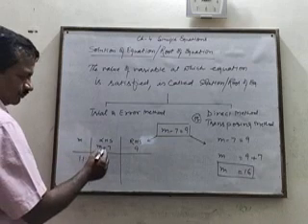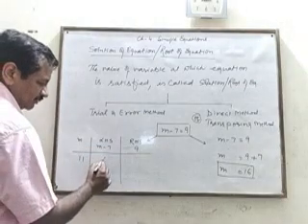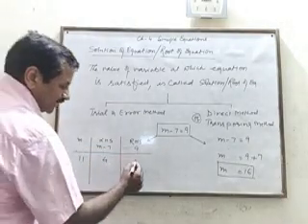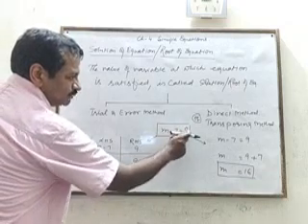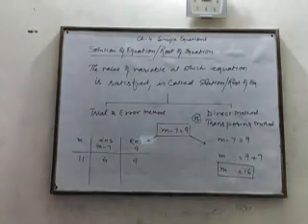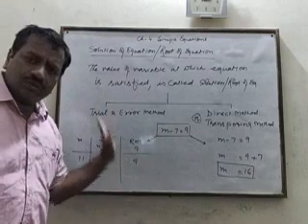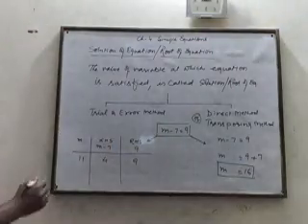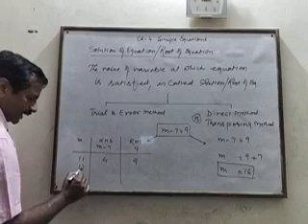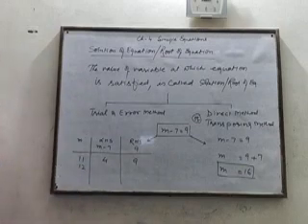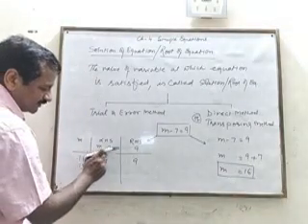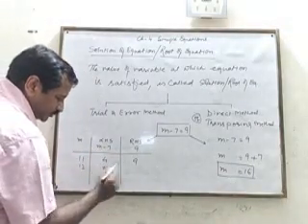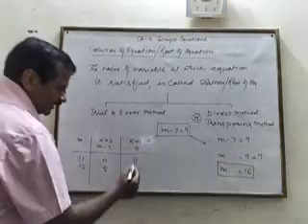So 11 minus 7, it will be 4, and the right hand side will remain 9 only, because we have put the value of m on the left hand side. Then we will put m equal to 12. 12 minus 7 will become 5, and here it is 9.